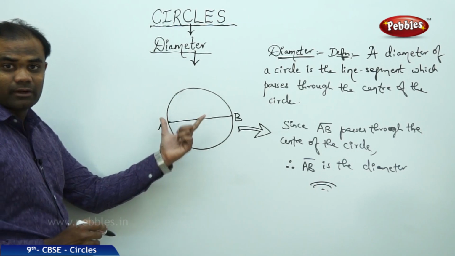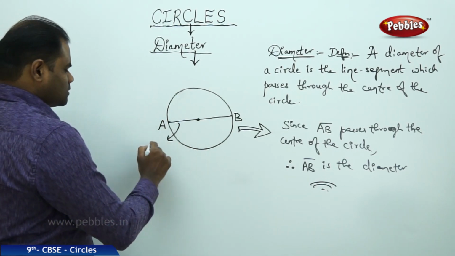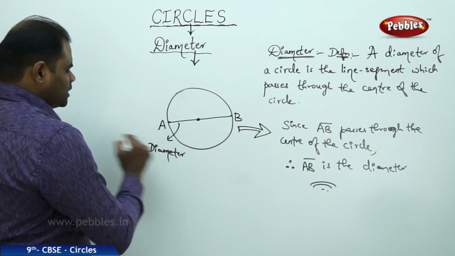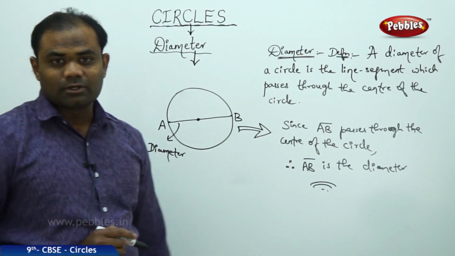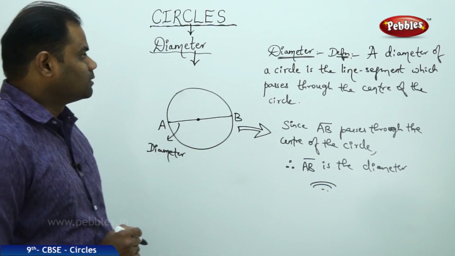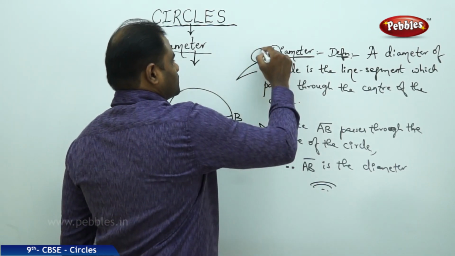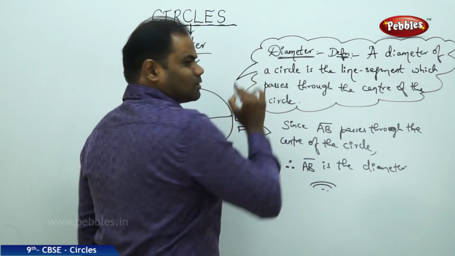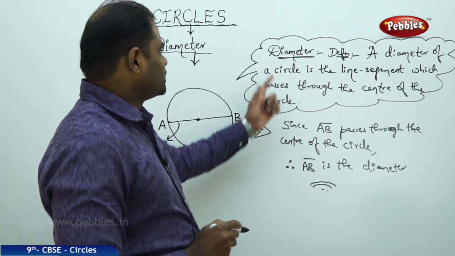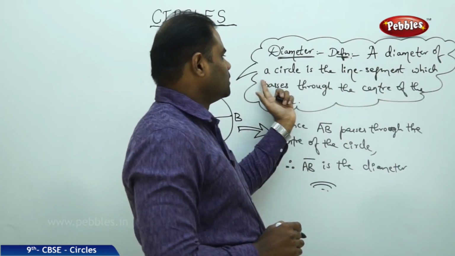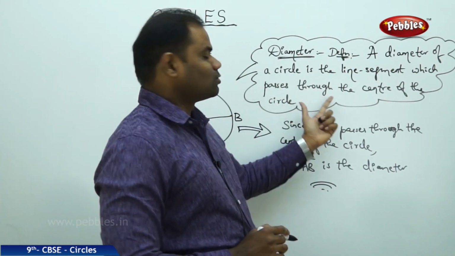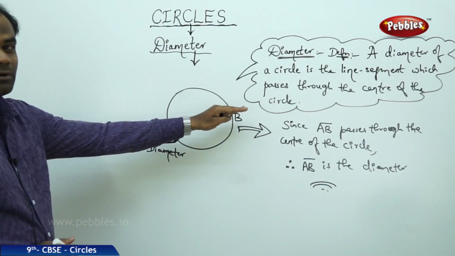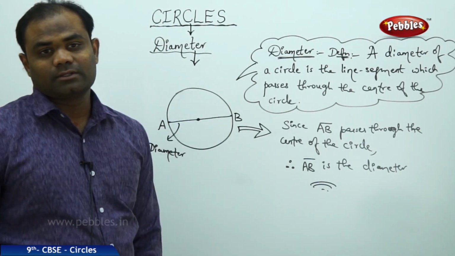So in this diagram, this is the diameter. Diameter of a circle is AB, and its definition is given here. So we finally conclude that a diameter of a circle is the line segment which passes through the center of the circle. So here this is the diameter because it passes through the center.